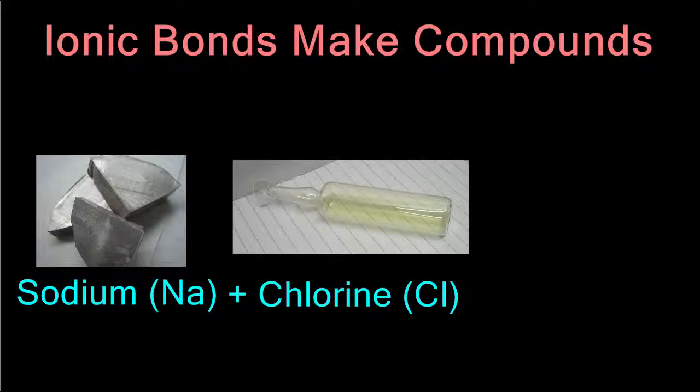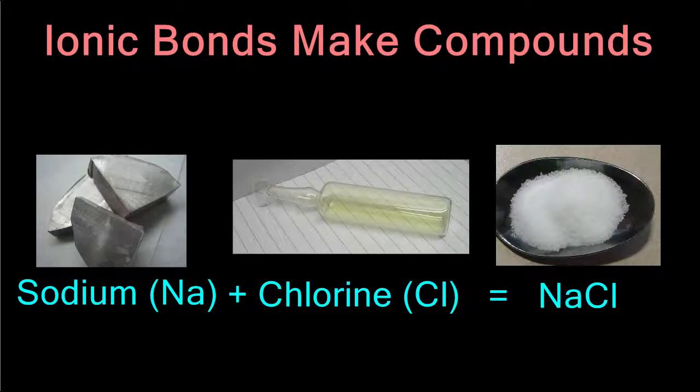If you combine these two elements, you get the compound sodium chloride, which is actually just table salt, something that we sprinkle on our food just about every day. So you can see how the compound sodium chloride has very different properties from sodium metal and chlorine gas.